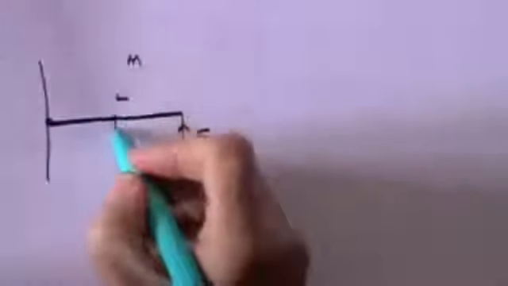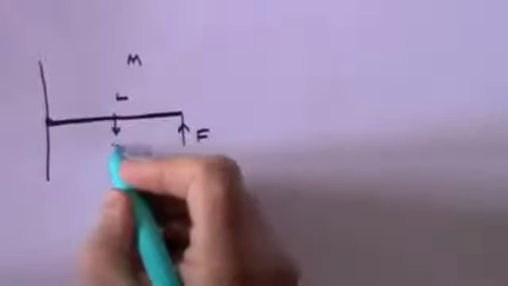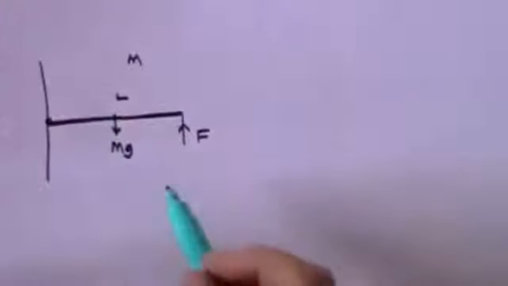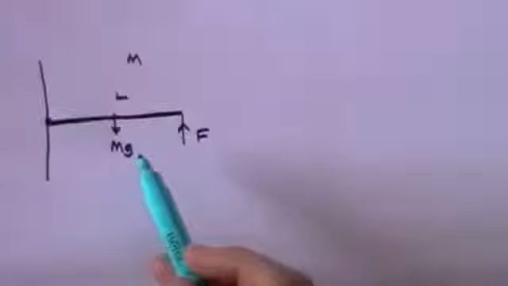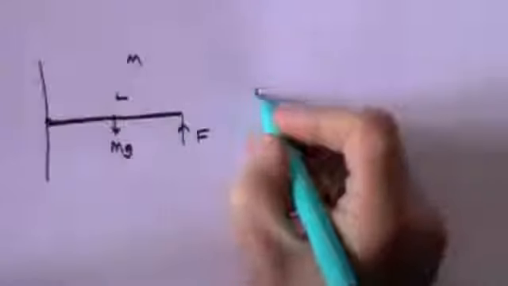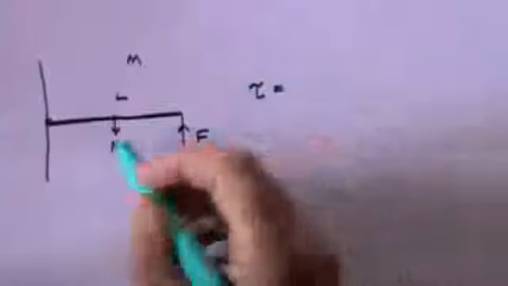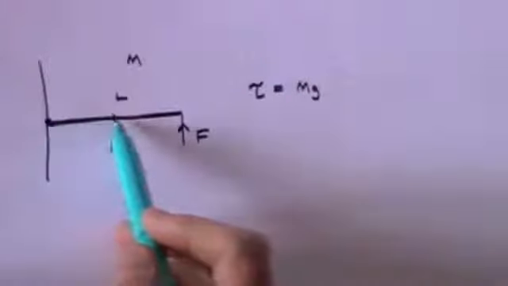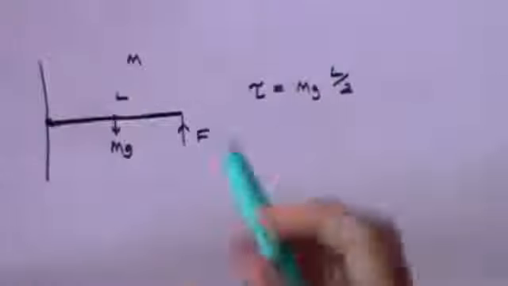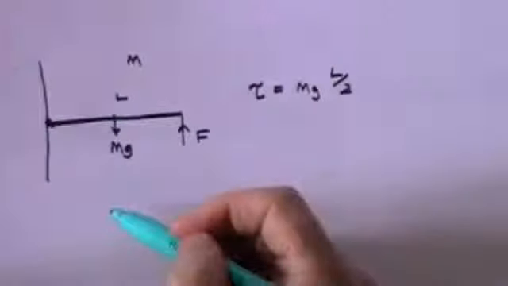The force is the mass of the rod times g, the gravitational attraction, and the torque is therefore mg, the force, times the distance from the pivot, which is L/2. So that is the torque acting in this direction.